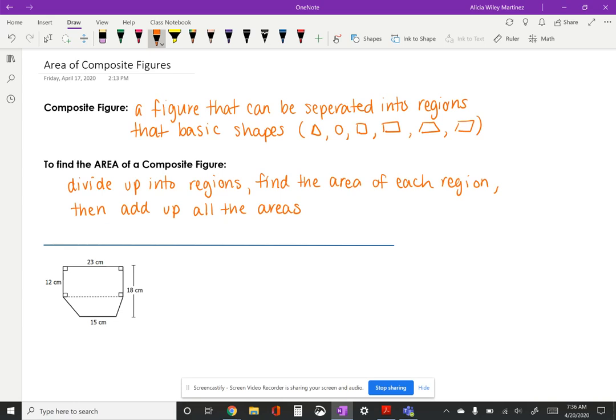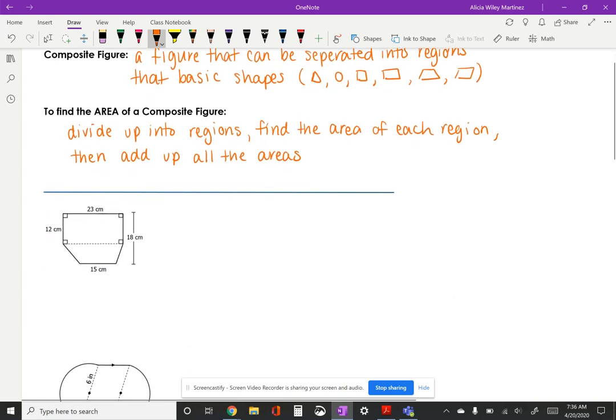Okay, so let's take a look at the first example here. You can see, I'm going to outline it for you, that you have a rectangle. There's one shape. And then you also have a trapezoid.